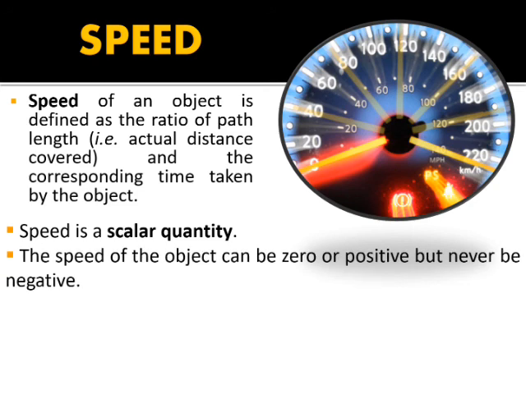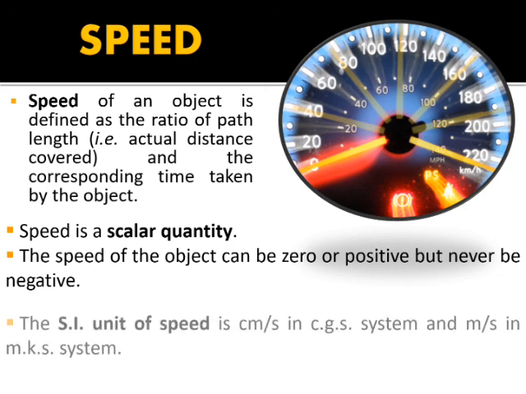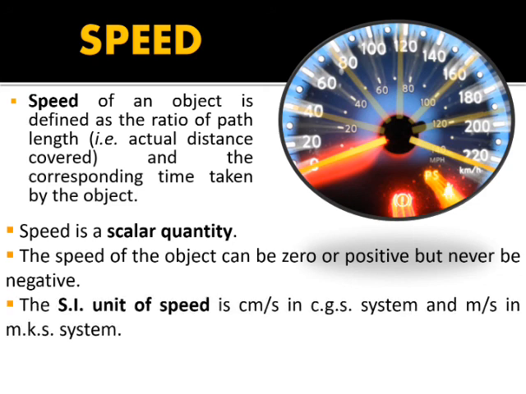Speed gives no idea about the direction of motion of the object. The speed of the object can be zero or positive, but never negative. The unit of speed in CGS system is centimeter per second, and in MKS system it is meter per second.